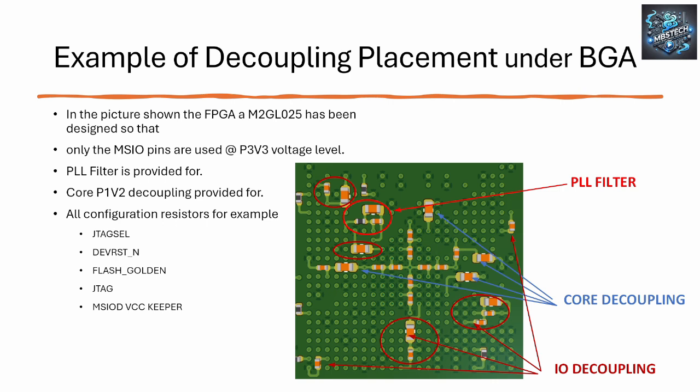Yeah. The other thing to think about is if your BGA, your FPGA, is only servicing a 3.3 volt system, in the case of an Igloo 2, the MSIOD pins, which are only 2.5 volt tolerant or lower, won't be used.